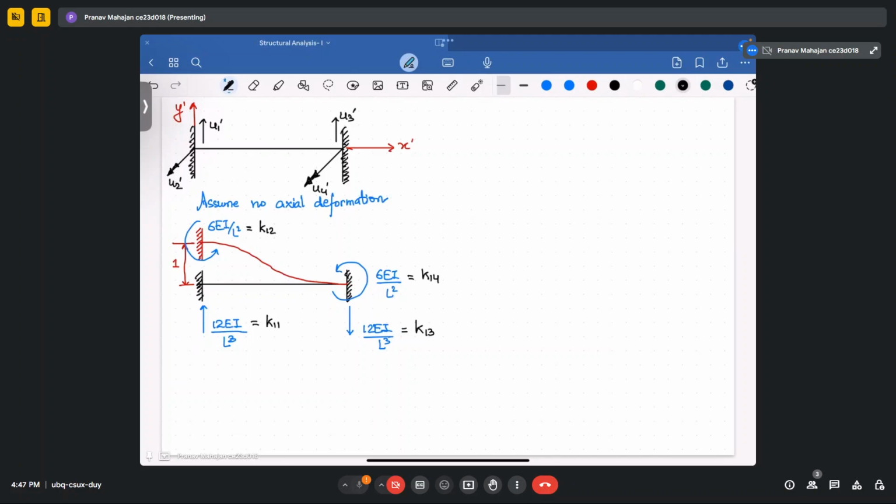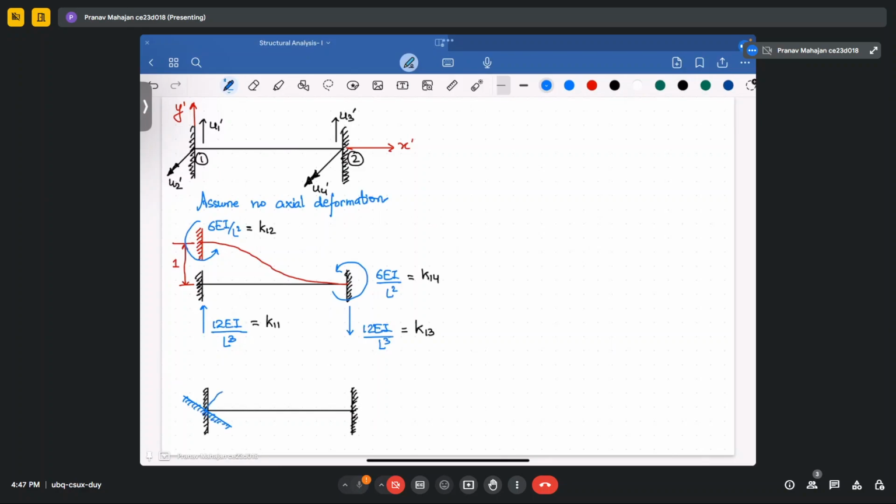So similarly, if you have the rotations provided at node 1 and node 2, suppose this is your node 1 and this is your node 2, and you apply rotation only, so this is unit rotation that is provided to the member.